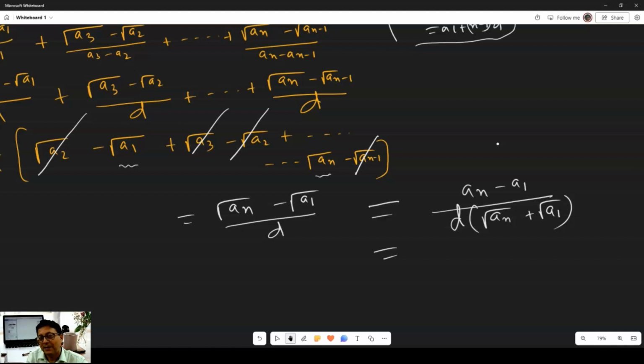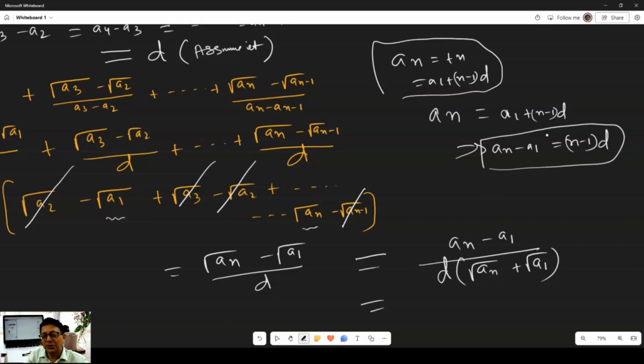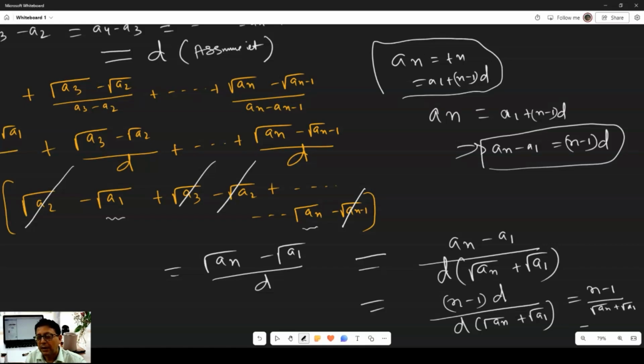See this one, what you have got? An equal to A1 plus n minus 1 d, so this implies you put it there, n minus 1 d by d into, clear, n minus 1 by, okay, clear.